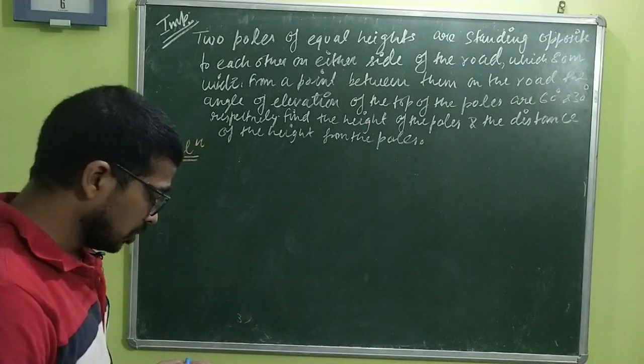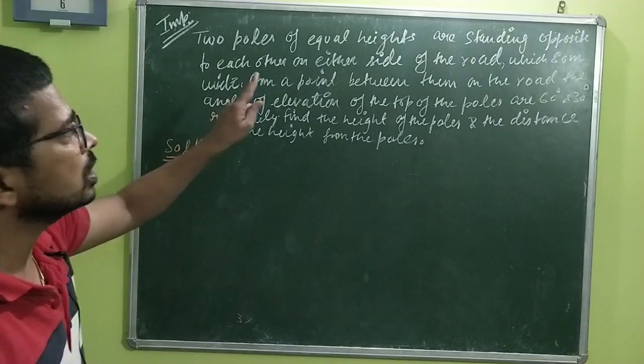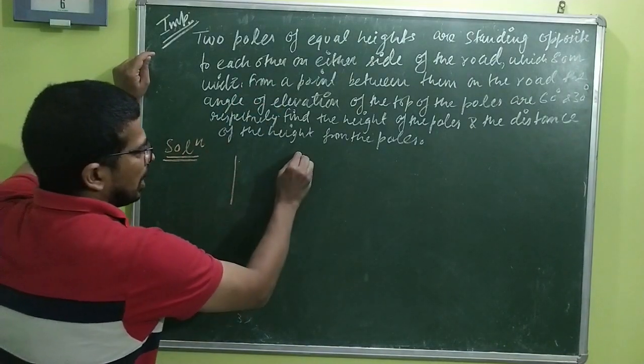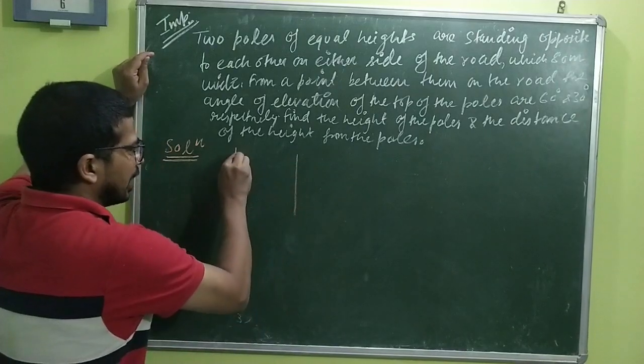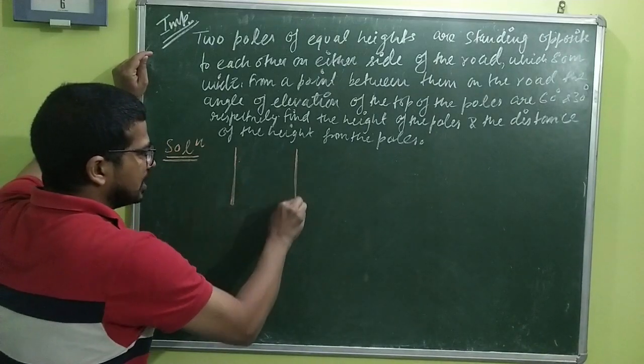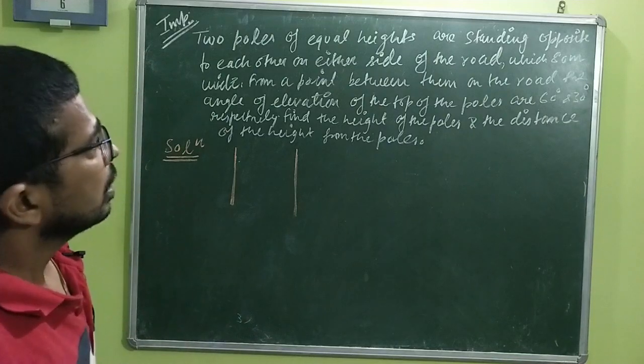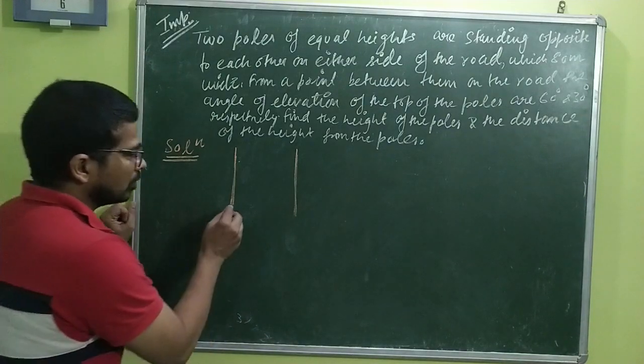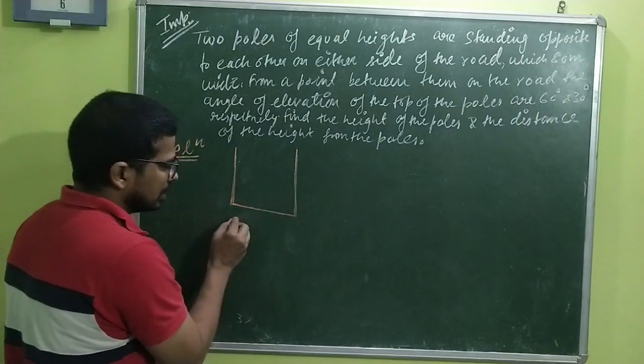So according to the question, two poles of equal heights. The first thing is there, two poles of equal heights. Okay, this is the way I'll write it, two poles of equal heights are standing opposite to each other on either side of the road, which is 80 meter wide. Now this is 80 meter wide.